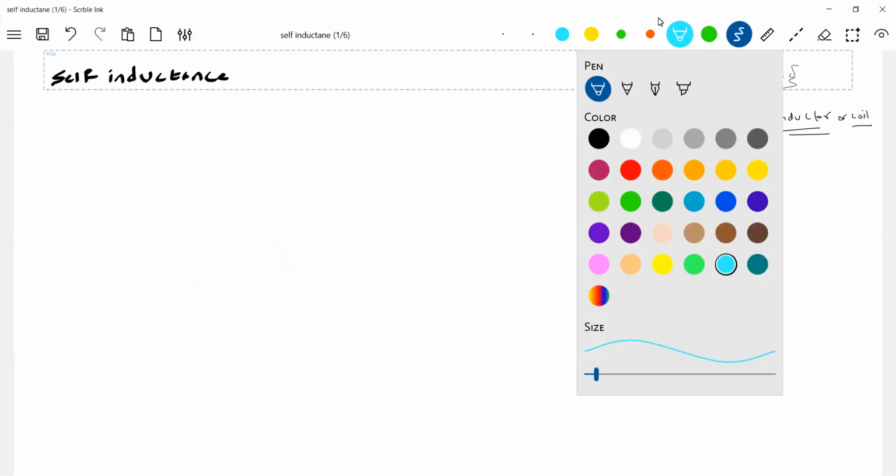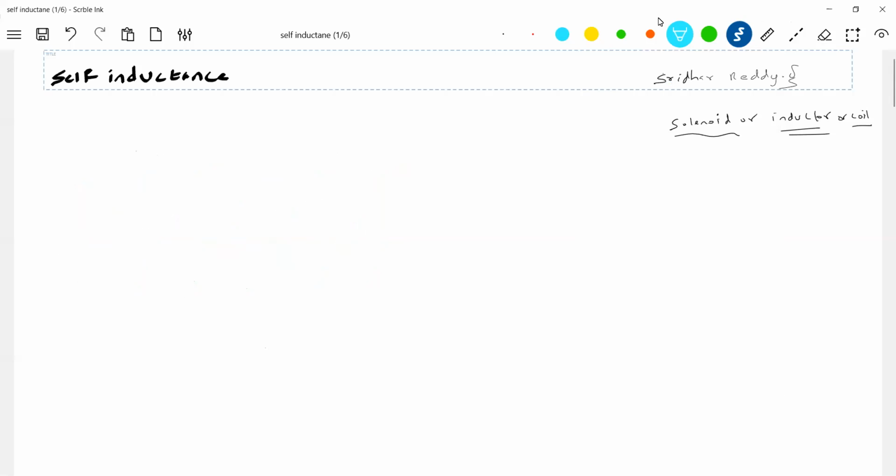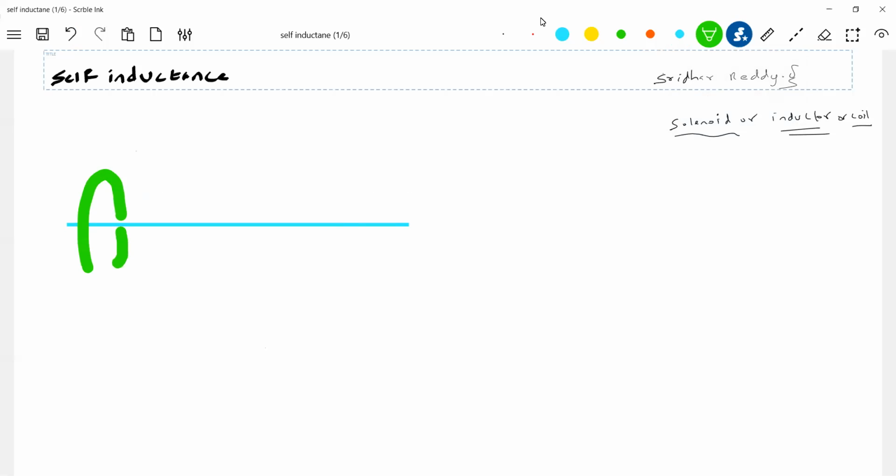Let me try another way, because the turn directions are very important. Unable to draw it. We have to draw a spring, no?